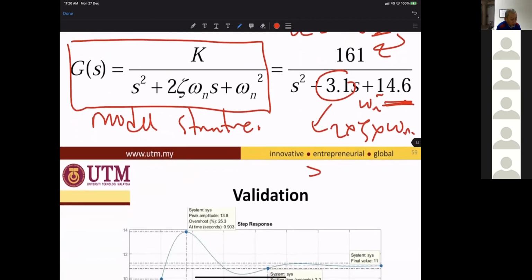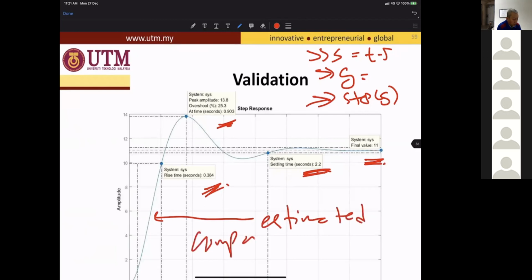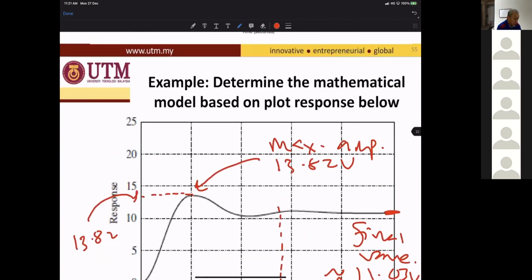Insert it inside MATLAB using tf, insert the G, and then plot step G. Then you will get the same value as the data. You can compare. This is your estimated response, compared with the real data. Real data is this one.